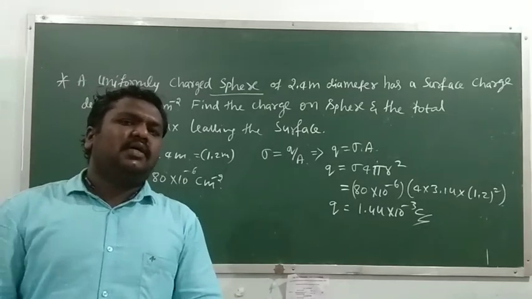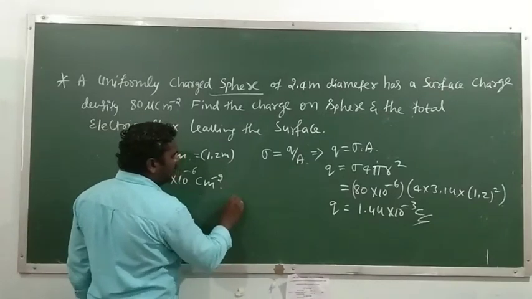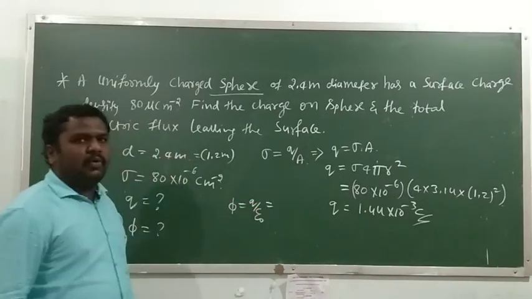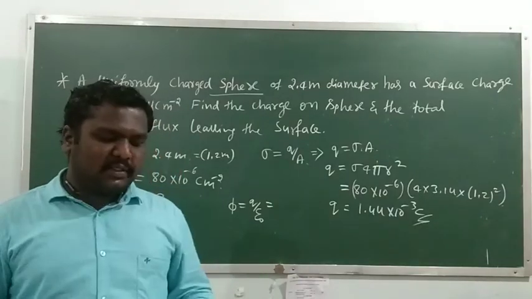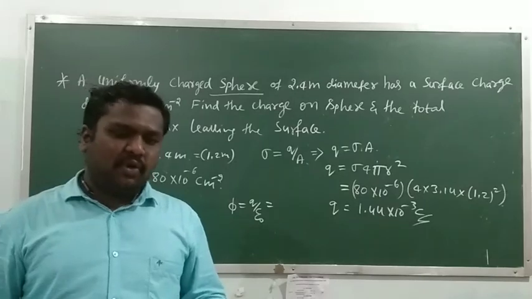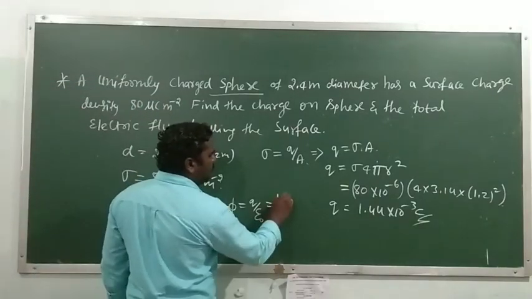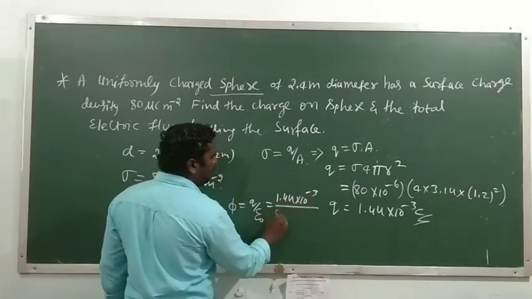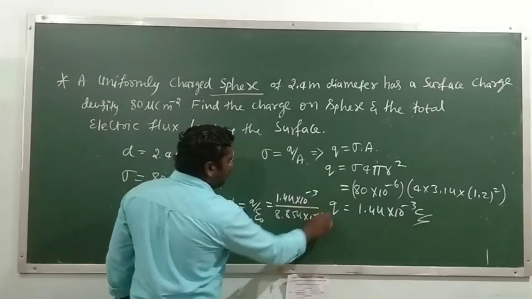So after finding the total charge, they were asking to find the total flux. Yes, by Gauss law we have phi is equal to Q by epsilon. What is the Q value? Yes, we got that Q value as 1.44 into 10 power minus 3. And we know that epsilon naught is 8.854 into 10 power minus 12. So 1.44 into 10 power minus 3 divided by 8.854 into 10 power minus 12.